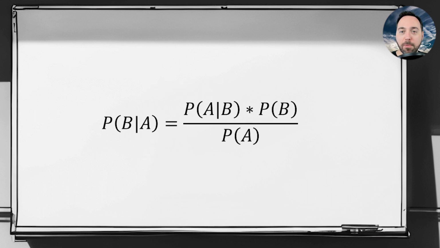We have the probability of B given A, which is something we call the posterior probability, or the probability we determine after new information comes in. This tells us the probability that we see hypothesis B given some new data A that we have collected. The formula for calculating this involves 3 factors.